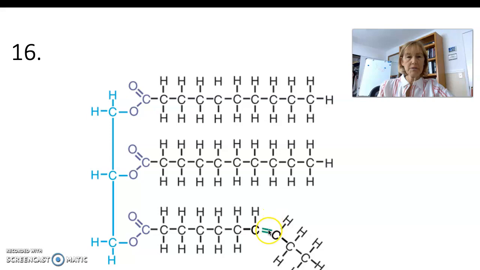We're missing hydrogens because there's a double bond, and so instead of sharing an electron with another hydrogen, it's sharing an extra one with itself, with another carbon. So that shape forms a kink in the chain, and I know then that what I'm talking about here is a lipid or a fat.